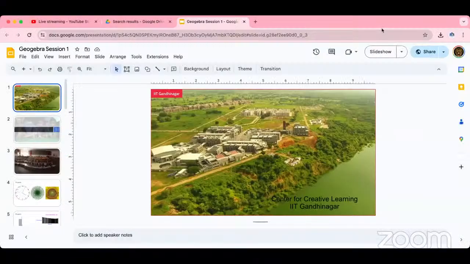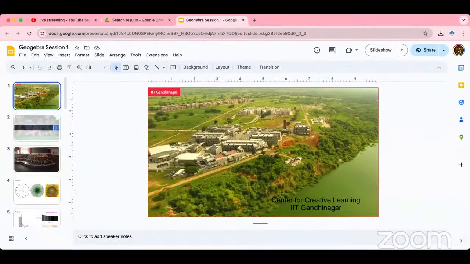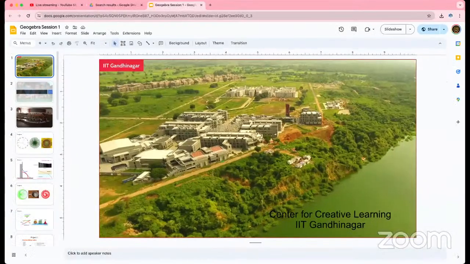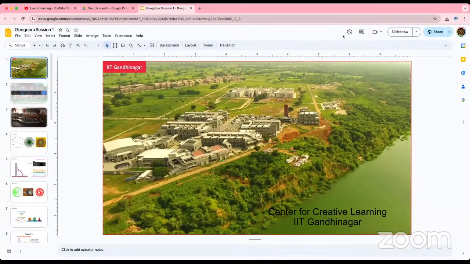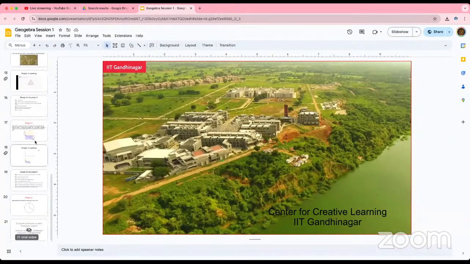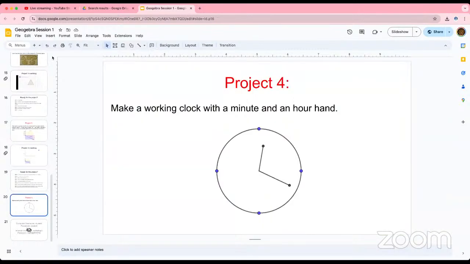All right. The question is, how many dimensions does the circle have? And for that, maybe let me just add slides here.